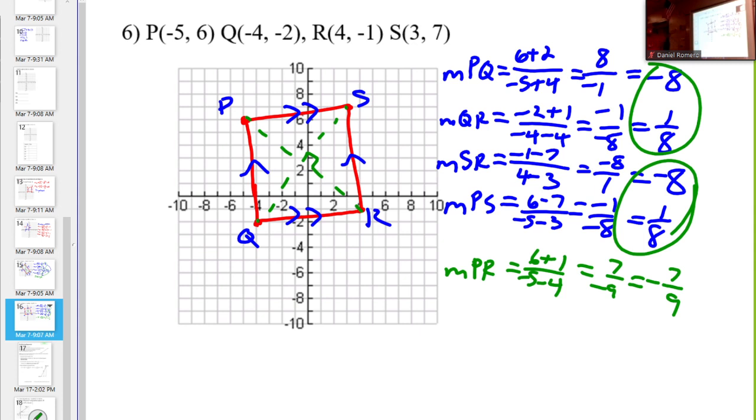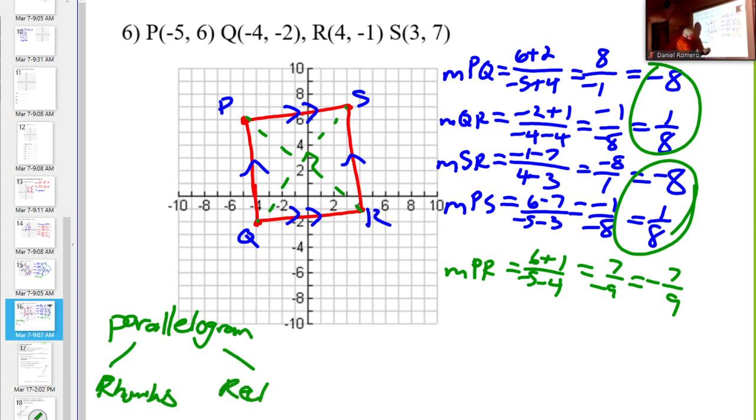If I get positive 9 over 7, technically a kite also has perpendicular diagonals, but I've already proven that this is not a kite because the opposite sides are parallel. Once you're in the parallelogram category, the only other things it could possibly be are a rhombus or a rectangle.